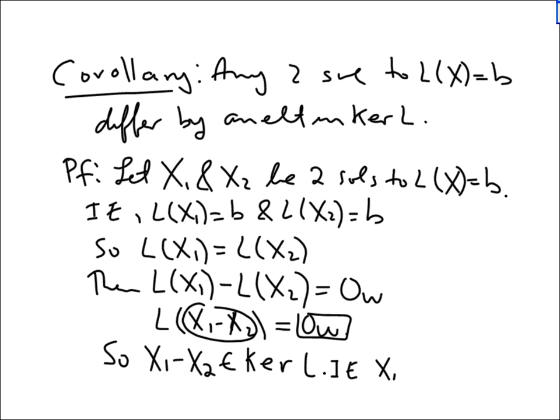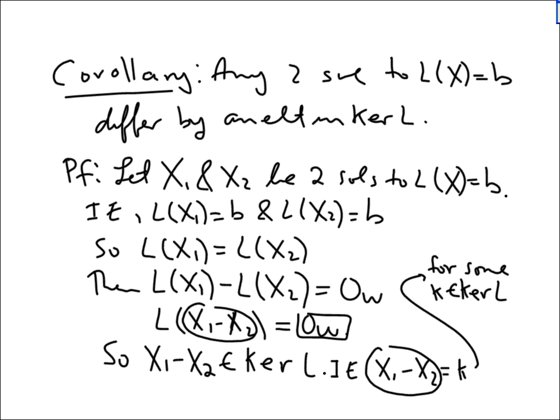That is, x1 minus x2 is equal to k for some k in the kernel of L. That is, the difference between x1 and x2, two solutions to Lx equals b, lives in the kernel.